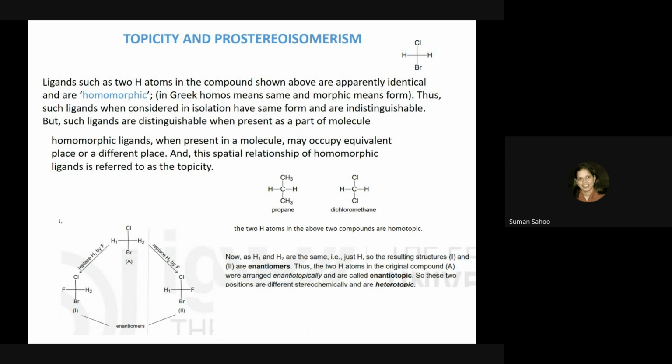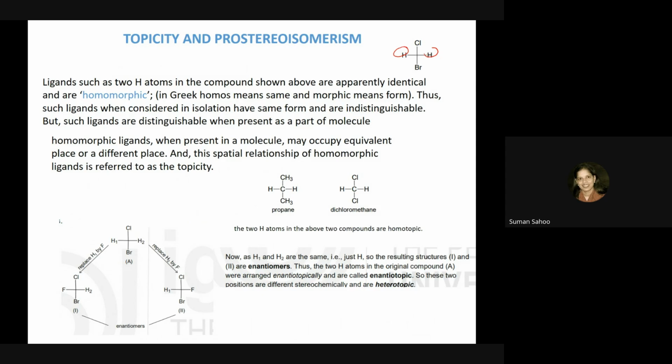Next comes topicity and prostereoisomerism. Ligands such as, for example in this case, two hydrogen atoms, are identical. We can say those are homomorphic. If we consider these two ligands in isolation, they would be the same and indistinguishable.